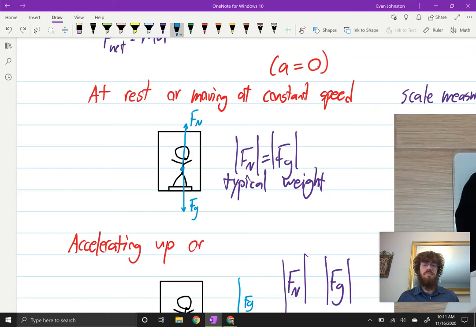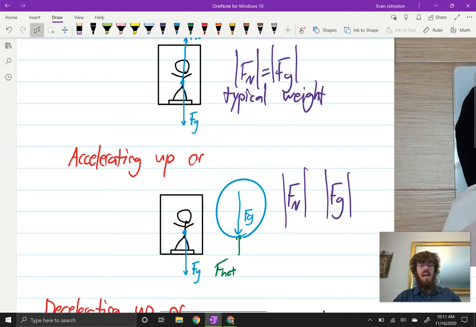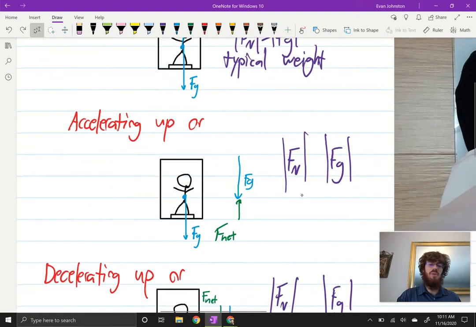Now, gravity on Earth isn't changing when you get in an elevator, whether the elevator is going up or down. Gravity is the same, so we get the same size for the force of gravity. My force of gravity is still 2 lines tall, and that's what I have right here. But now I'm accelerating up. That means my acceleration is up, which means my net force is also up.